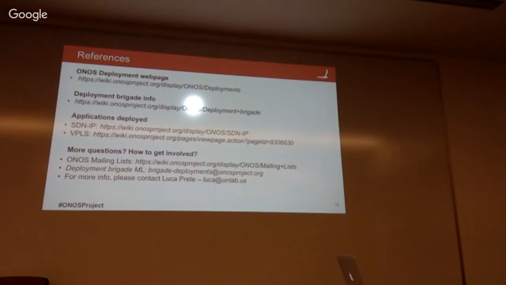I saw on the mailing list, sometimes you say you never test SDN IP with reactive forwarding. If you activate some applications, it may not work. Well, the fact is, with reactive forwarding, I know that's just an example, but I don't know how much sense it would make to run reactive forwarding and SDN IP together.